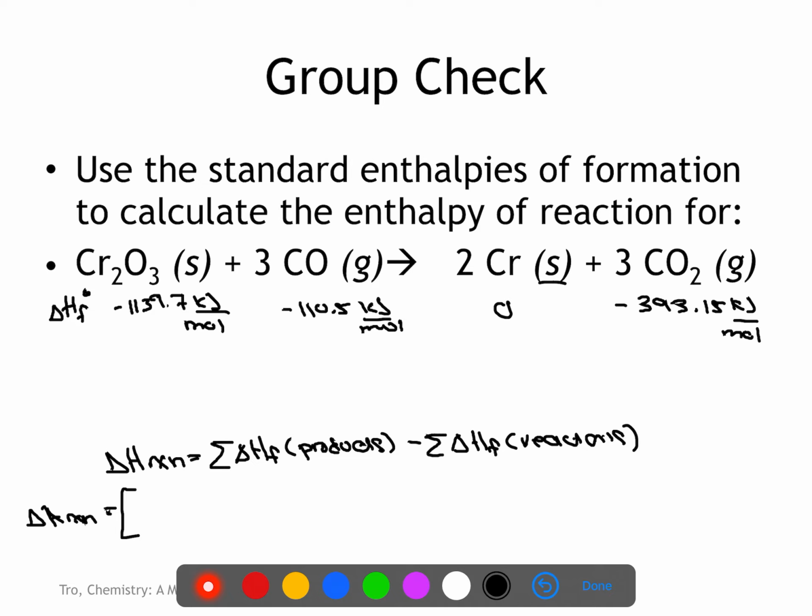So products minus reactants. So you're looking at chromium. So you have 2 times 0, because chromium was 0, plus 3 times negative 393.15 kilojoules per mole.